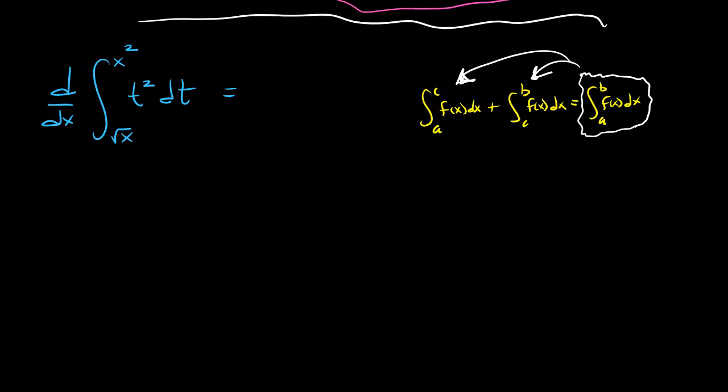It doesn't matter what number this is, because it's not going to be part of the answer. So what we're going to do is pick c, a number between them.